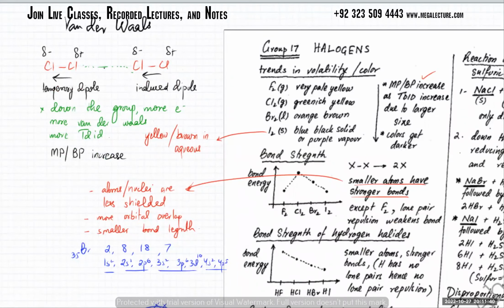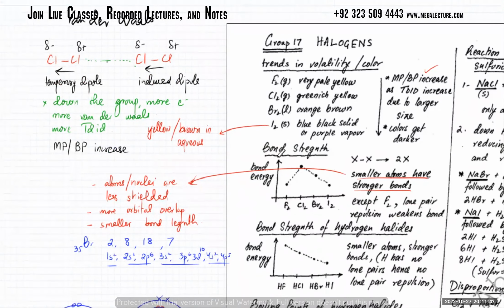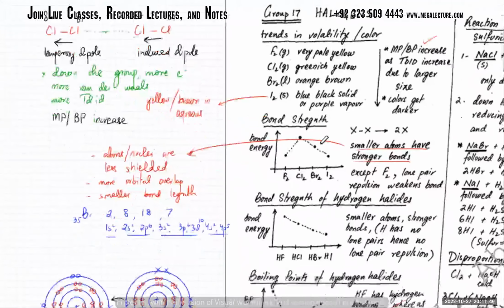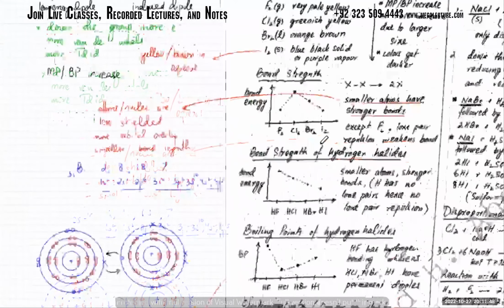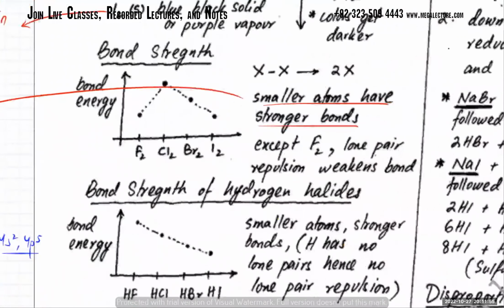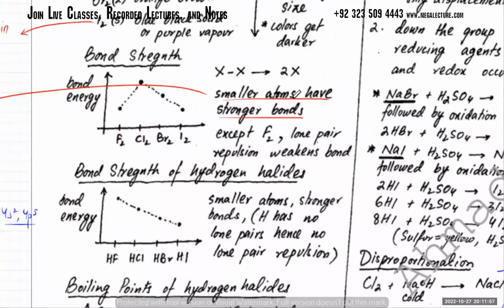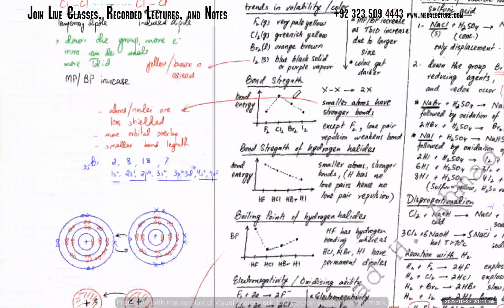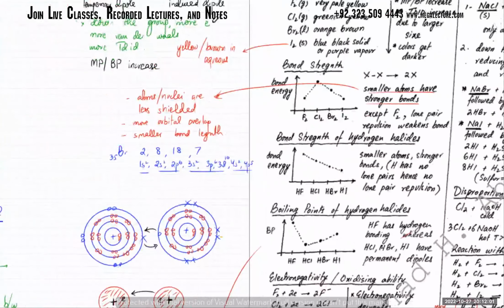Yes, sir. Okay, now next we'll talk about bond strength. Bond strength is how strong the bond is, and we are talking about the bonds in fluorine, chlorine, bromine, and iodine. Now the general rule is that smaller atoms have stronger bonds. Why do they have stronger bonds? Because the nuclei are more exposed, they're less shielded.